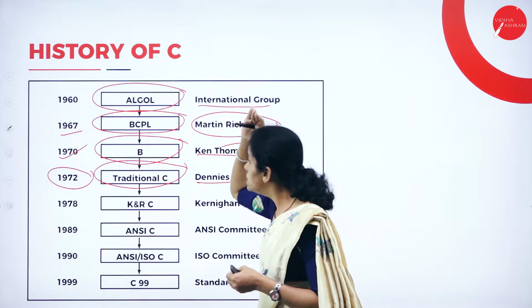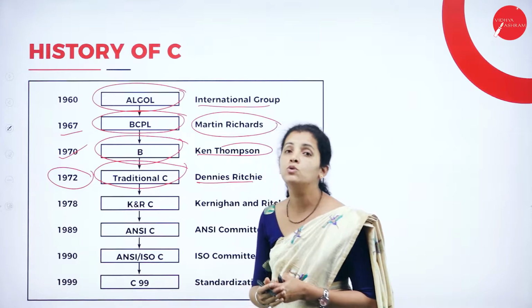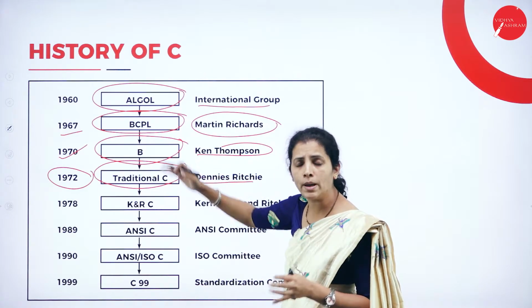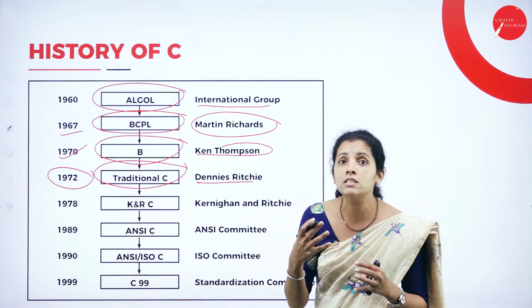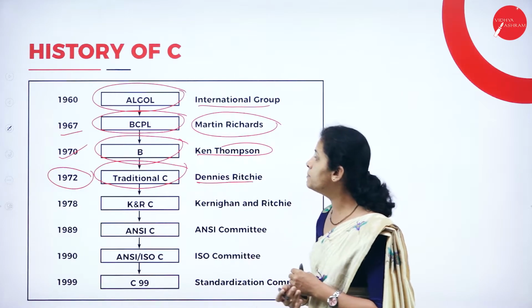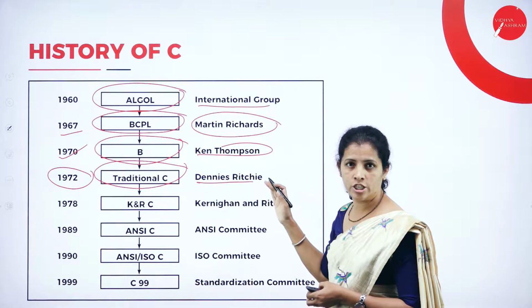That means C makes use of all the features of these three programming languages along with extra, that is additional, features, and it was introduced by Dennis Ritchie.